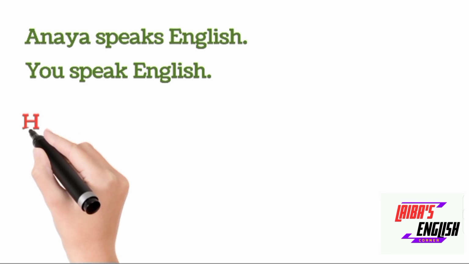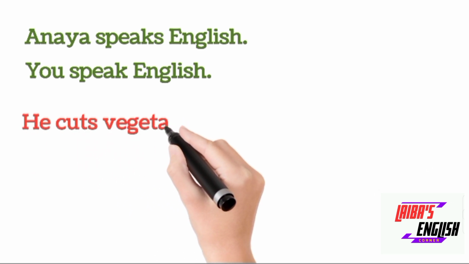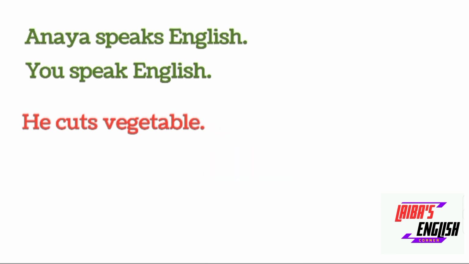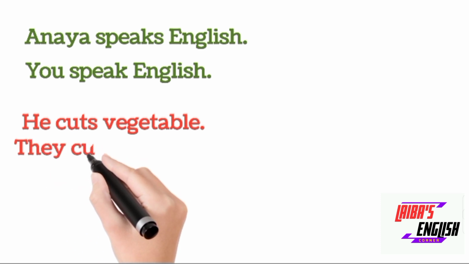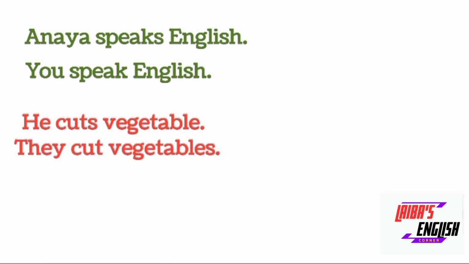Because we don't use S and ES with I, we, they, and you. Another example, he cuts vegetables. We use S with cut because we use S and ES with name, he, she, and it. And they cut vegetables. No use of S and ES because it is according to the rule.